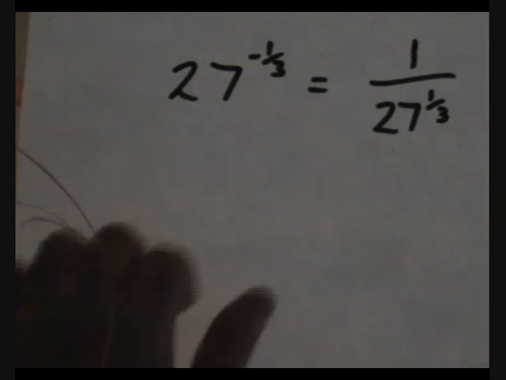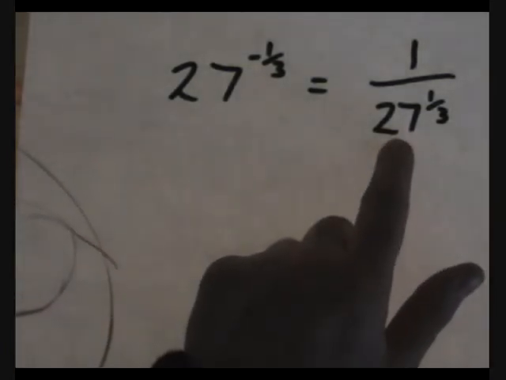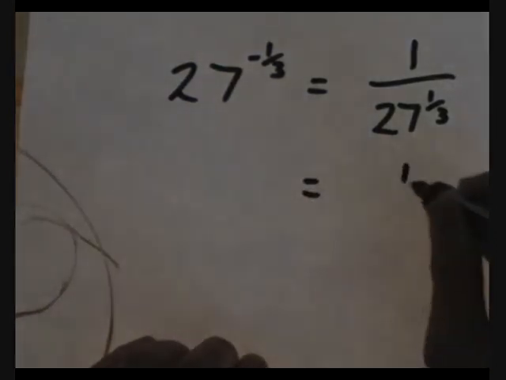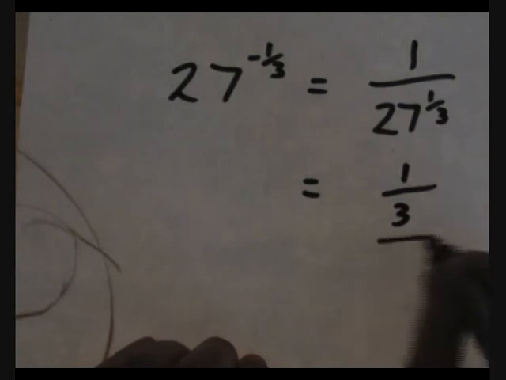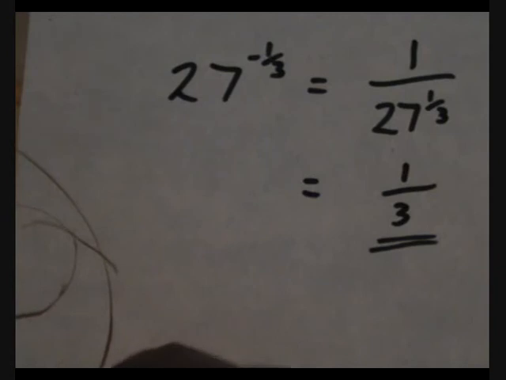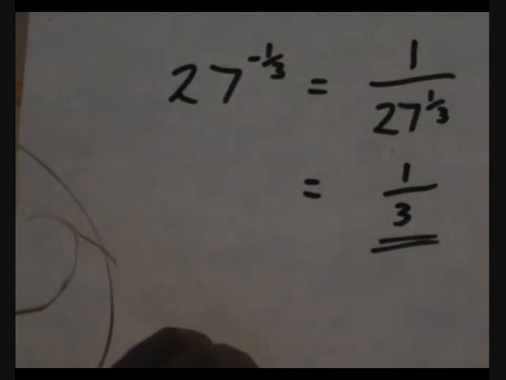And you've already worked out in the last bit of the question, or in fact even if you didn't work it out, they told you that 27 to the power of a third is 3, so that's the same as 1 over 3. You don't need to show the working for this again that you just did in the previous bit of the question. And in fact, even if you didn't get the first bit of the question, you could use the fact that they gave you the answer to get the second bit.